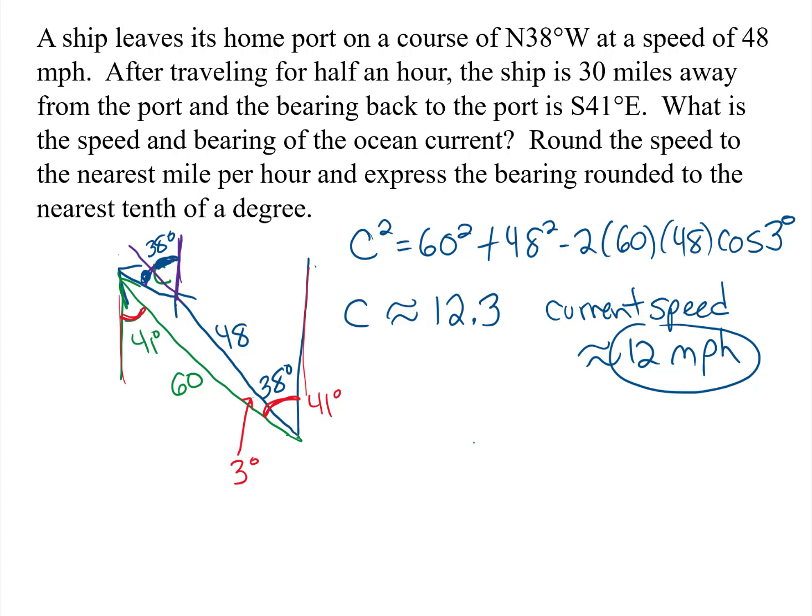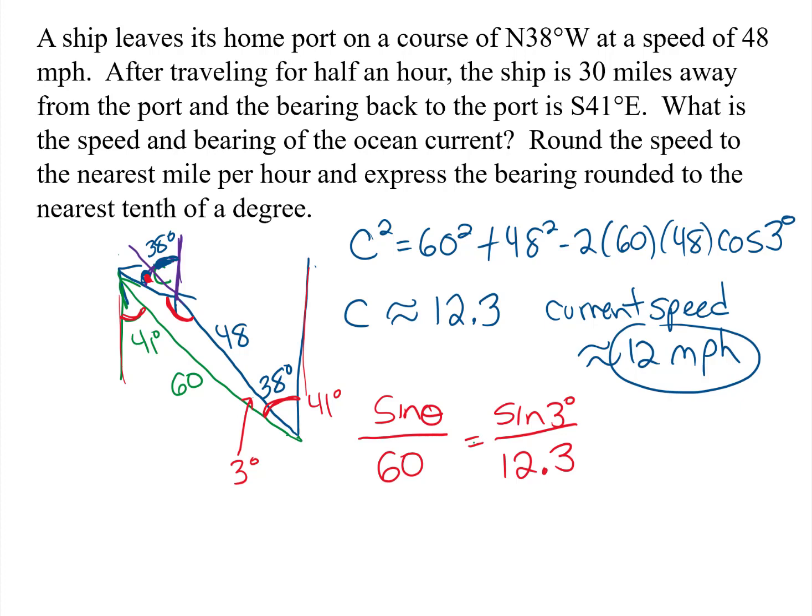Looking in the triangle, I could find this angle right here, and then it's going to be supplementary to the little angle there that I want to know. So I'm going to find that angle using the law of sines. I'm going to call it theta. So sine theta over 60 is going to equal sine of 3 degrees over, we'll use 1 decimal place for a little more accuracy, 12.3.